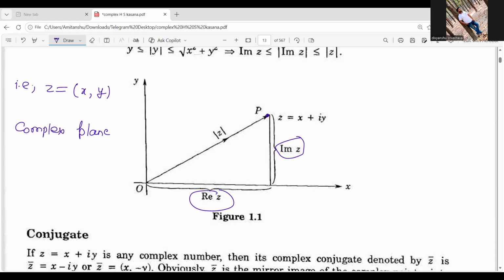Complex plane, or Gaussian plane, and next is the Argand plane. So the representation of a complex number in the plane is called the Argand diagram.